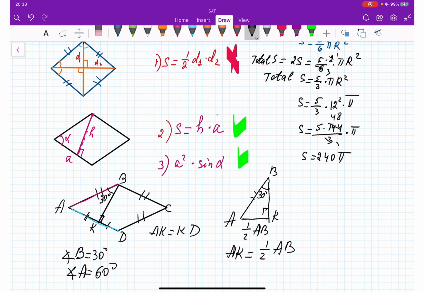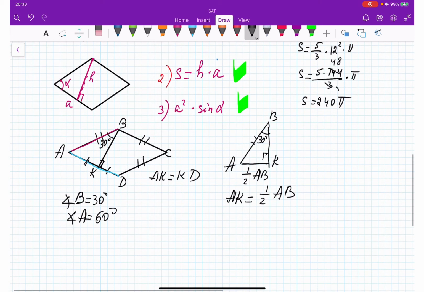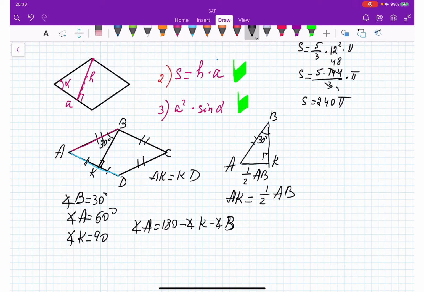Because 90, 30, and 60: the sum of the angles in a triangle is 180 degrees. So if K is 90 degrees, then angle A will be equal to 180 minus angle K minus angle B, right?